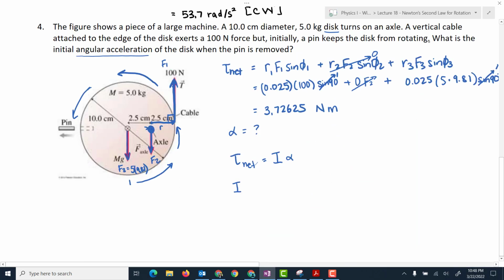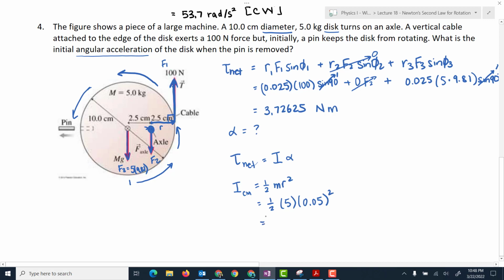That's the moment of inertia of a solid disk about the center of mass. The mass of the disk is 5 kilograms, and the diameter is 10 centimeters, so the radius is 5 centimeters, so it'll be 0.05 meters squared. Okay, so let me type this up.